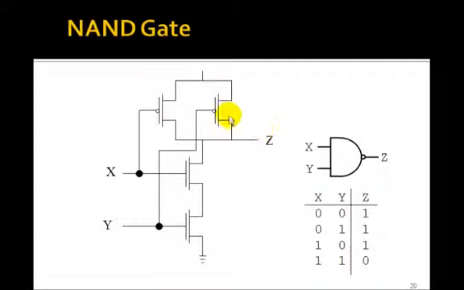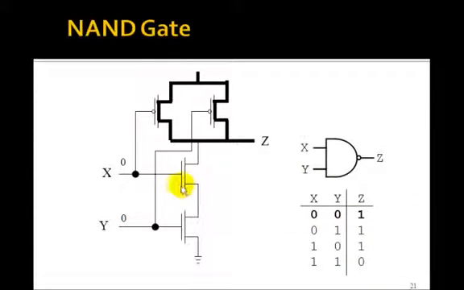In fact, let's see what happens if we take 2 PMOS transistors, put them in parallel, and 2 NMOS ones in series. This is a possibility because the NMOS ones, remember I told you, have to go to ground. The PMOS ones have to go up here to, say, 5 volts. And as we'll see, this is going to produce a NAND gate rather than an AND or OR gate. We can check it out.